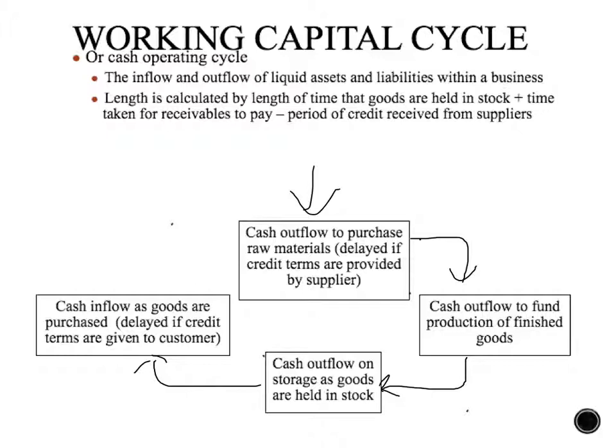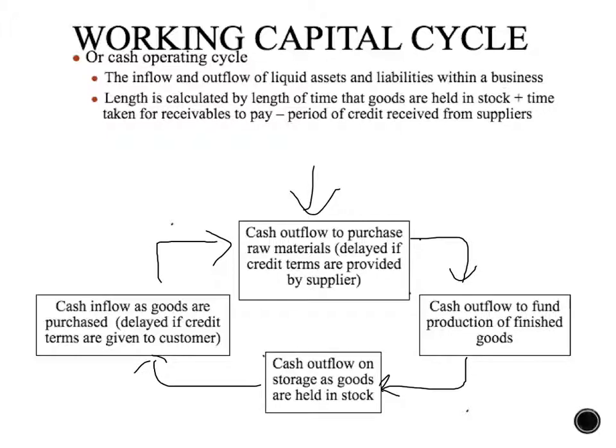This could have an impact on your business. Then hopefully we will sell the product to our customers. Depending on the industry you belong in, you may or may not get immediate cash payment. And finally, once we receive the cash, you would be able to repeat the cycle.